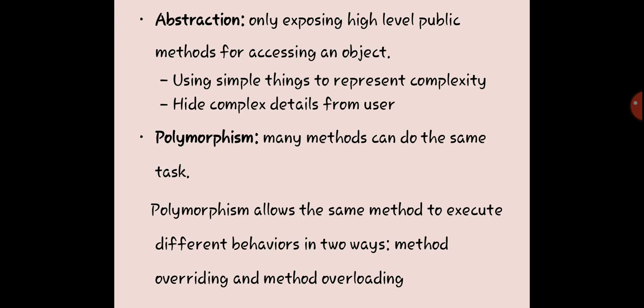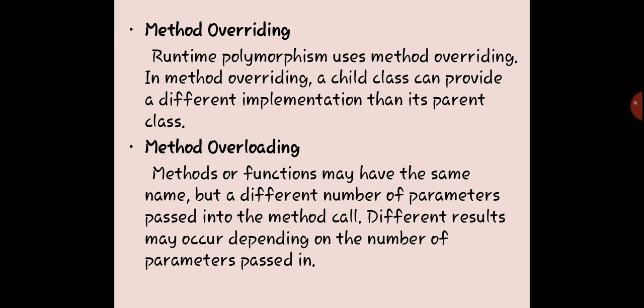Then polymorphism. Poly is many. Polymorphism is done in two ways in object oriented programming, particularly in Java. One single entity doing many tasks is known as polymorphism. Polymorphism can be done in two ways in Java: one is method overriding, another one is method overloading.